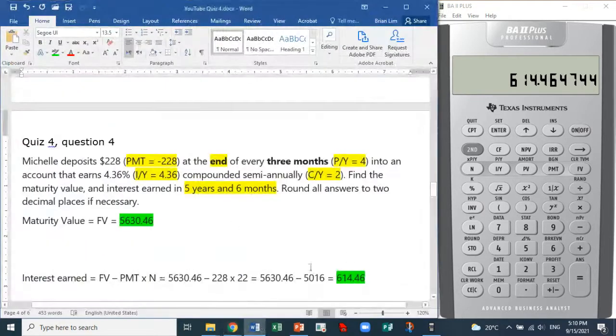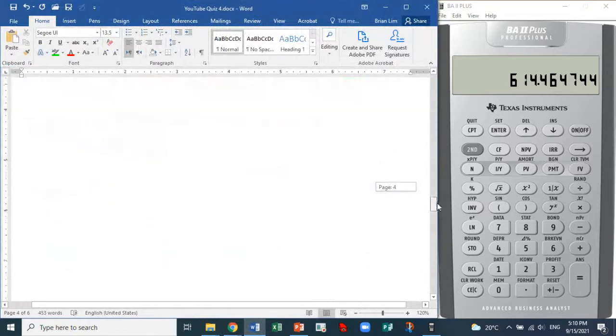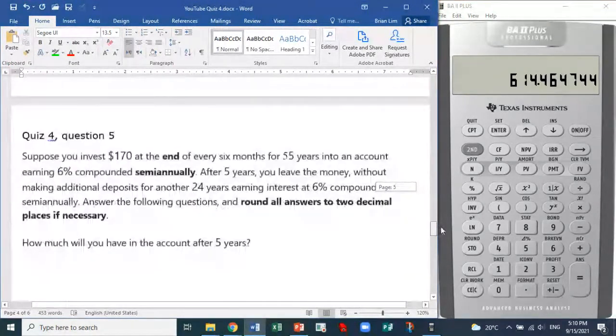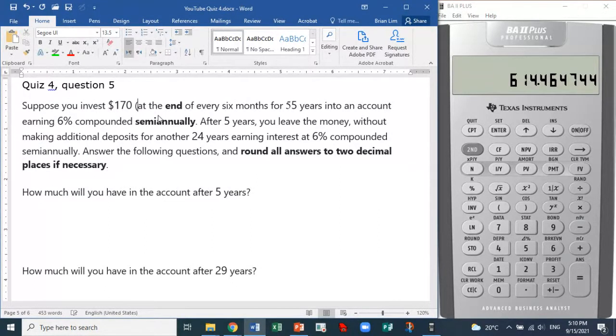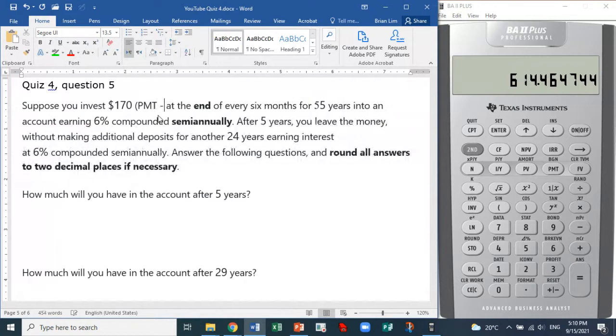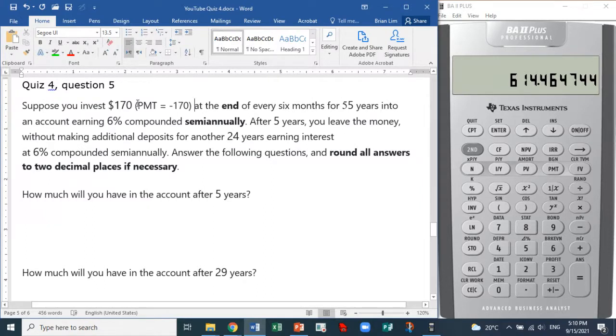Maybe we should go on and look at it over here. All right, then we can actually put in the values and get them properly sorted out, so you will understand what is actually happening. Minus 170, that would be the payment.